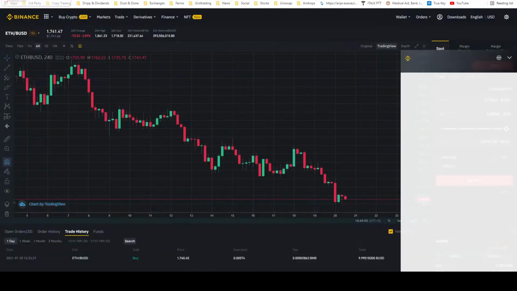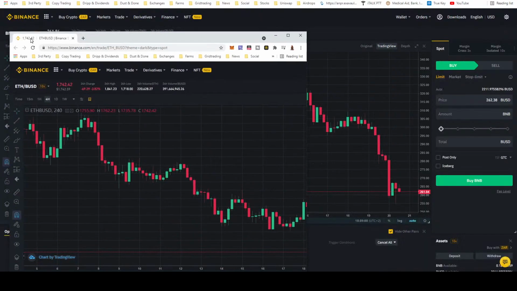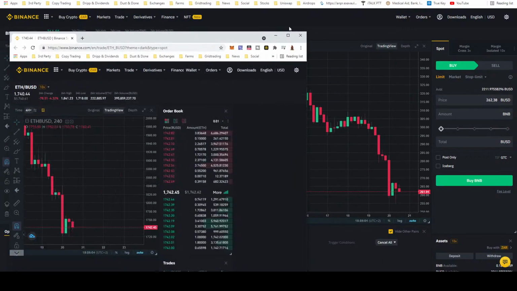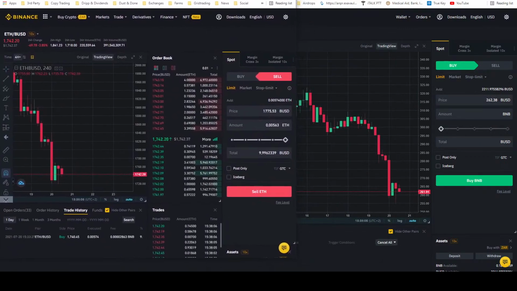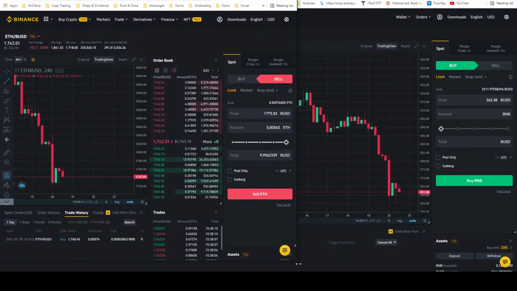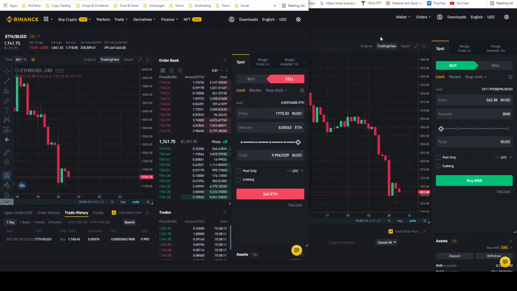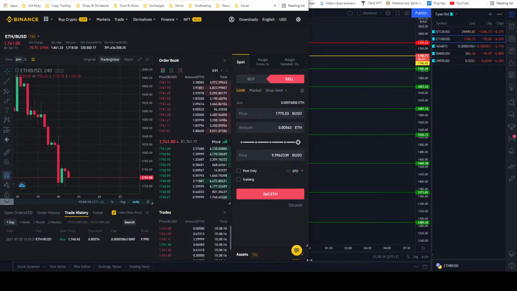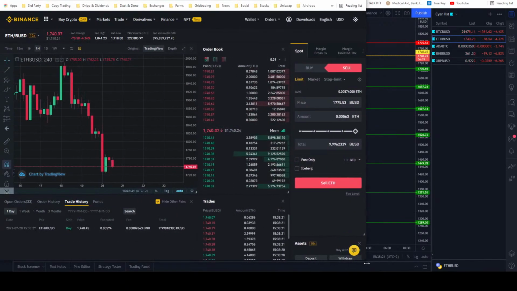Now, what I'll do is take that away, make the screen a little bit smaller so you can see where the prices are on TradingView, which I'll be adding to make it nice and clear for you as well.